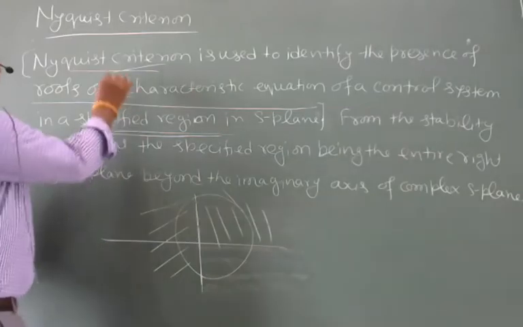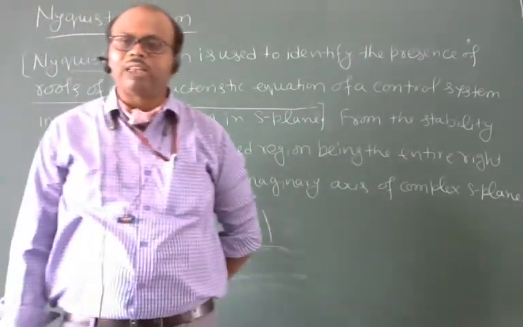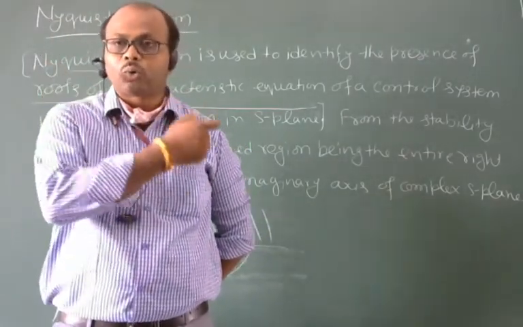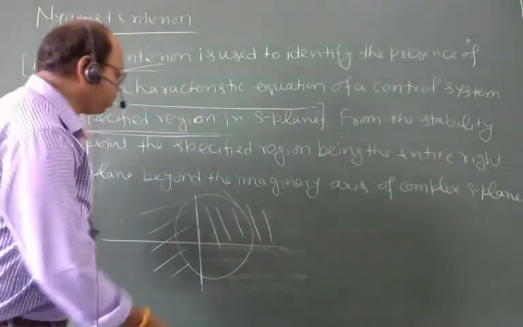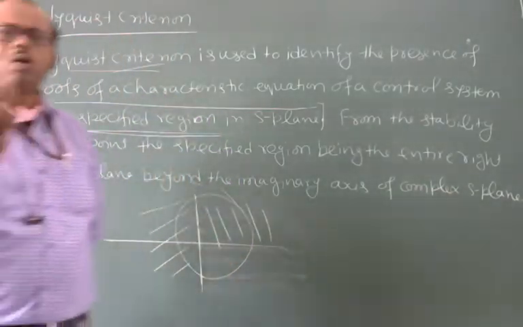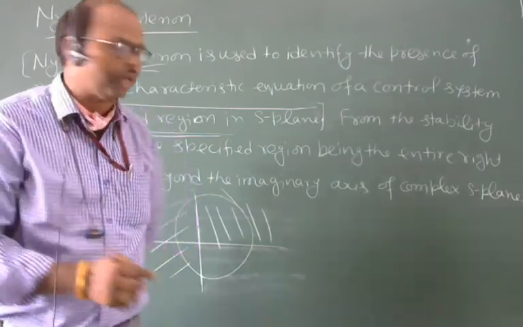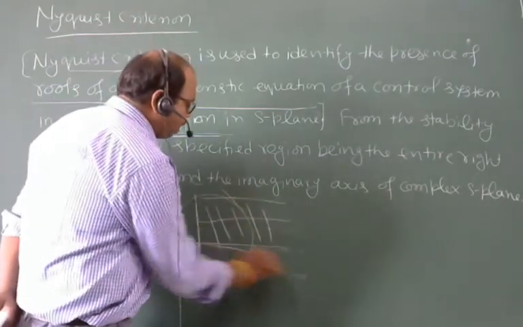So, if Nyquist criteria is used to identify the presence of these roots of the characteristic equation in a specified region, then why not select the specified region as the entire right half plane?